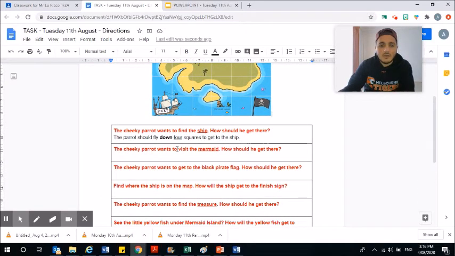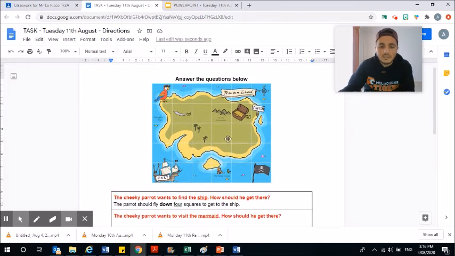And you can answer the next few questions. This one says, the cheeky parrot wants to visit the mermaid. So you're going to need to locate where certain things are, depending on what the question's asking. How should he get there? So the parrot's going to be back to where it started, and you need to say how it's going to get there. Maybe it goes across. Look at the way the parrot's facing too. It's facing that way, so maybe it's going to go forward. You could use the word forward 3 squares, or straight. The parrot will go straight 1, 2, 3.